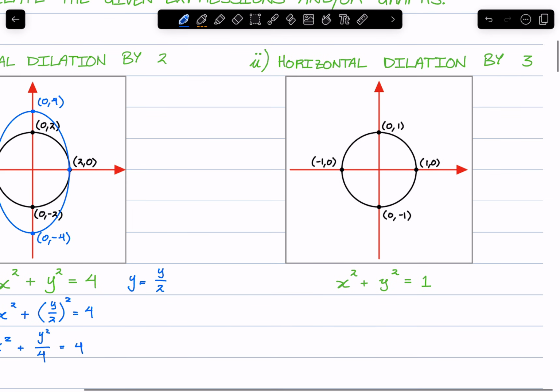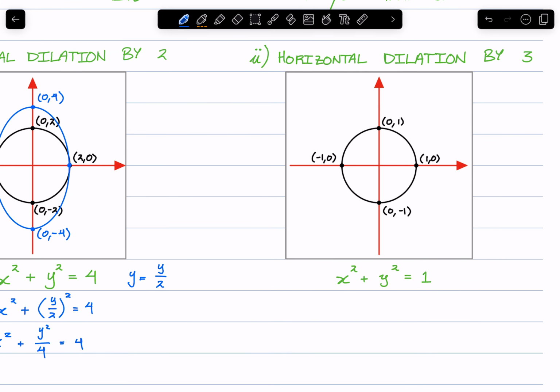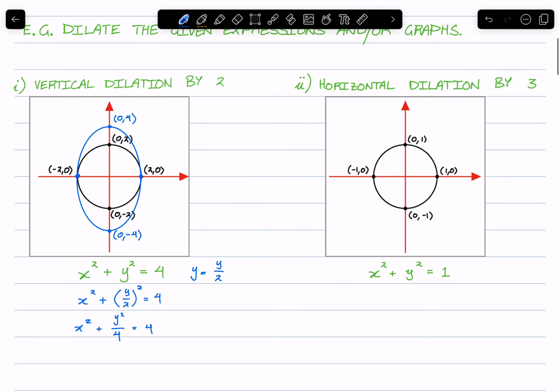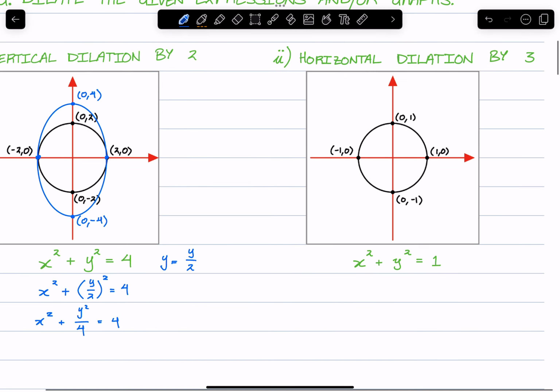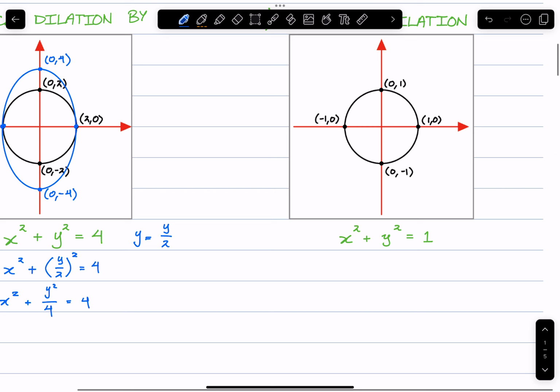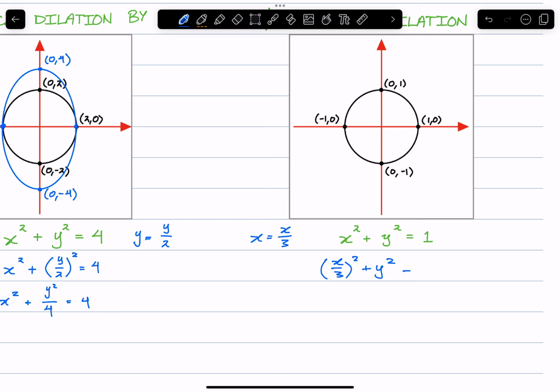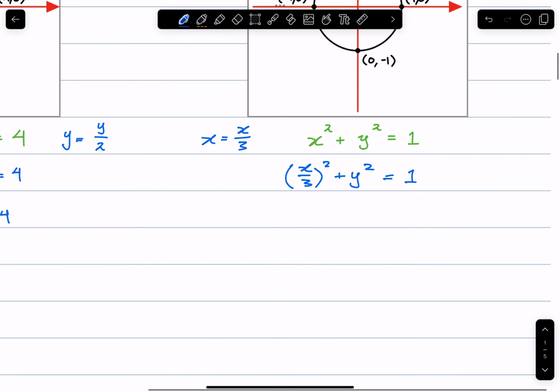Let's do this now to the x-axis, or the horizontal dilation, by a factor of 3 this time. Well, for this one, since it's a factor of 3, x will become x over 3. Substituting this, we get (x over 3) squared plus y squared equals 1. This will then become x squared over 9 plus y squared equals 1.